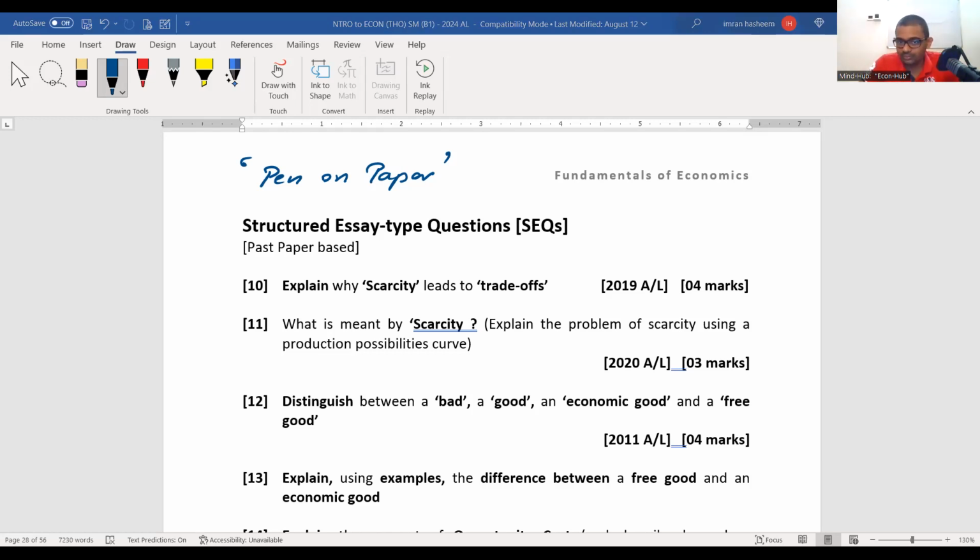Yes? No. If you want to learn how to swim, instead of dipping your toes in the swimming pool, you have to jump into the swimming pool, right? Don't jump into the deep end, please, without knowing how to swim. But you have to learn how to swim. You have to get into the pool. Getting into the pool is, for us, putting pen on paper, writing the answer.